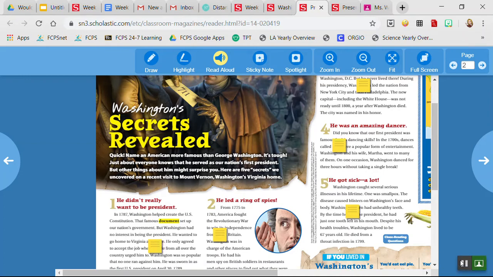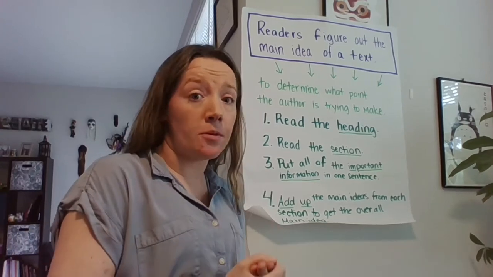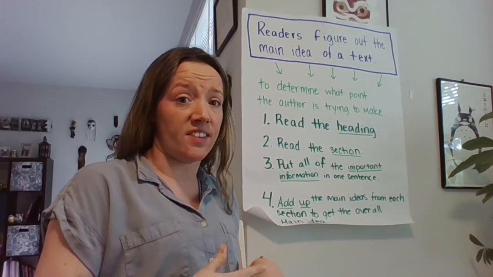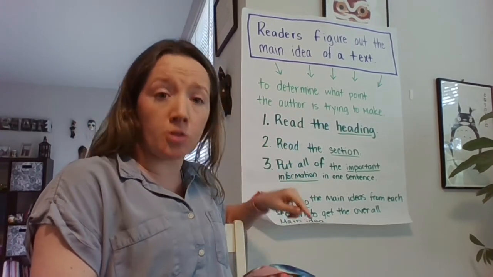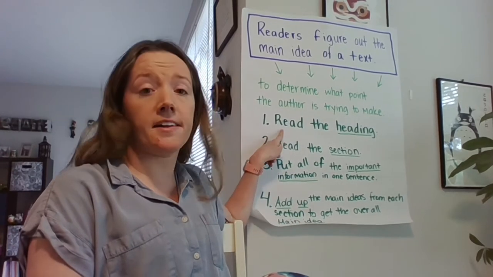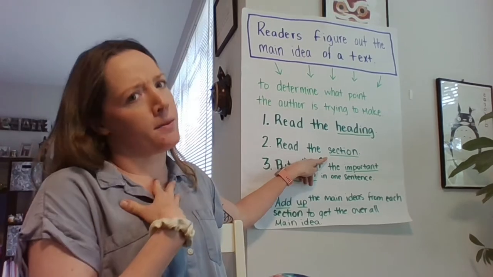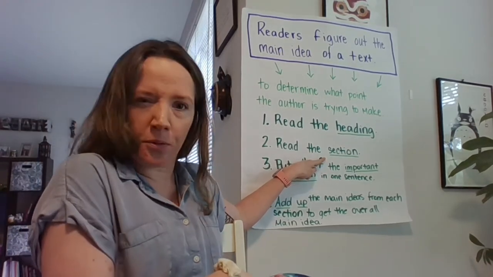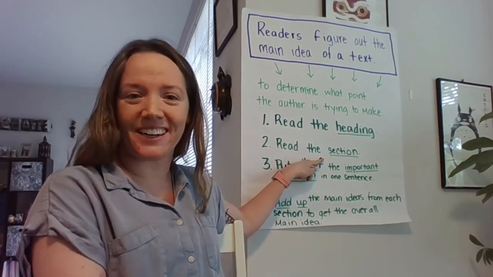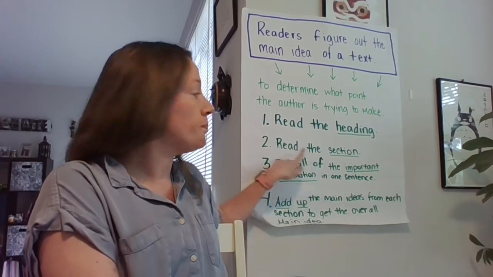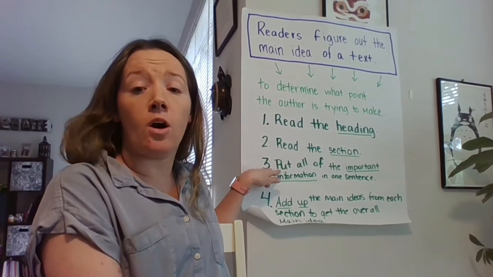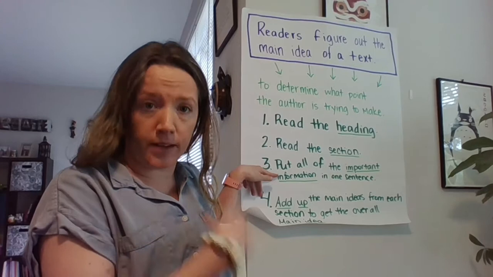So readers, I'm going to take you back to this anchor chart that we discussed at the very beginning, okay? So with the George Washington article, I read the headings, I read the section. I read it beforehand, so I wouldn't bore you with reading every single section, because I know you can do that on your own. Now, put all the important information in one sentence. Okay, I did that.